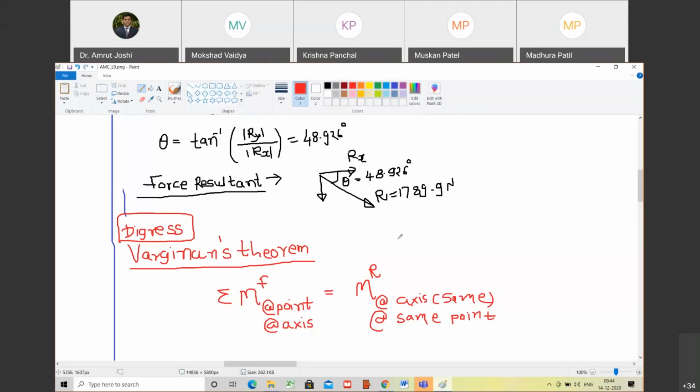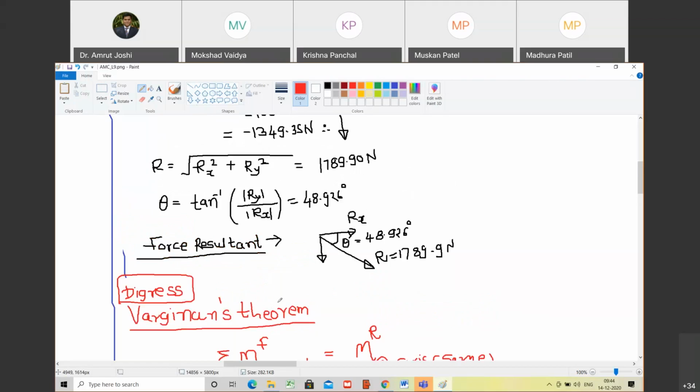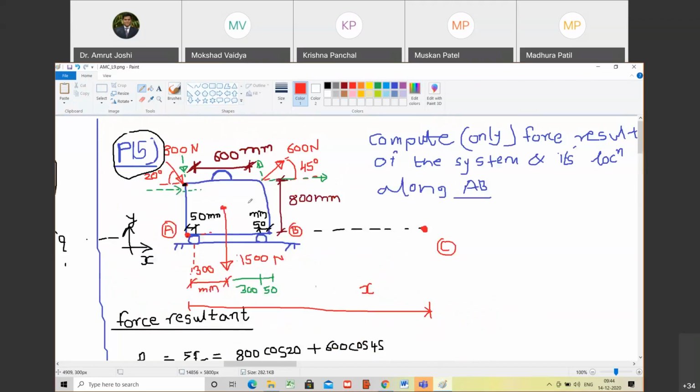Mokshat, I understood your question, but carefully listen to what I am saying. Algebraic sum of moments of all the forces at any point that you choose. This is the body under consideration. If I choose this point, so algebraic sum of moments of all the forces. Let me say I choose the z-axis. So the z-axis is perpendicular to this plane. So therefore the z-axis passing through this point.